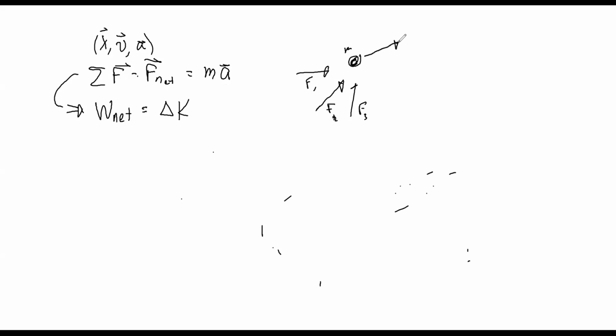F equals ma. Work energy theorem. We have this so that the work done by the forces really will change the kinetic energy of this mass. That's what the work energy theorem says. The point is that something is lost going from the second law to the work energy theorem, and that's the direction, right?